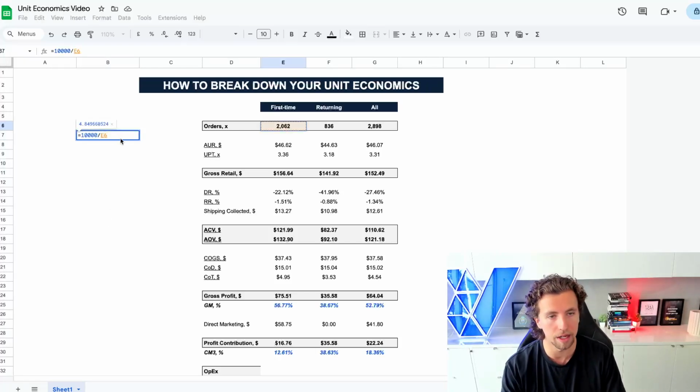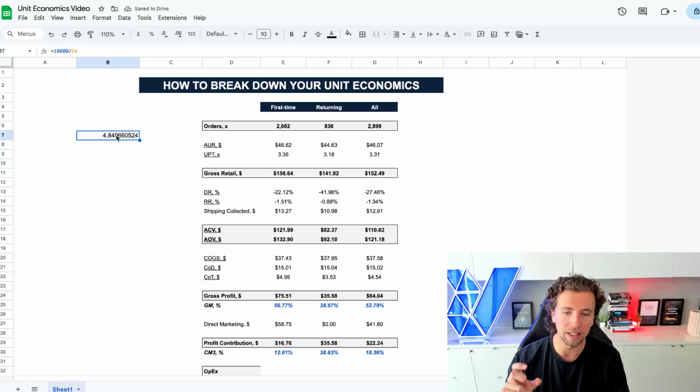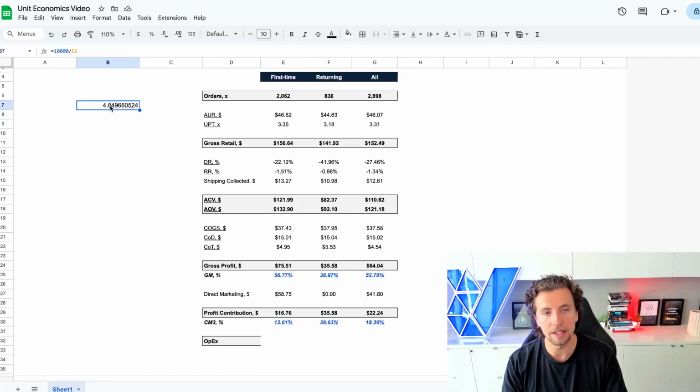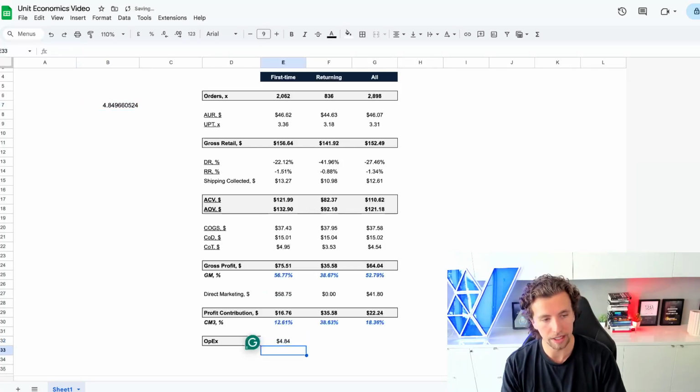I see people do it all the time. You can take your operating expenses, you can divide by the amount of orders you have, and you'll get effectively an operating expense at a unit level. So how much are your salaries, your warehousing, your software costing you effectively per order? And you can see that this, in this case, is $4.84. And so we can go and then put that in here and we can go $4.84.